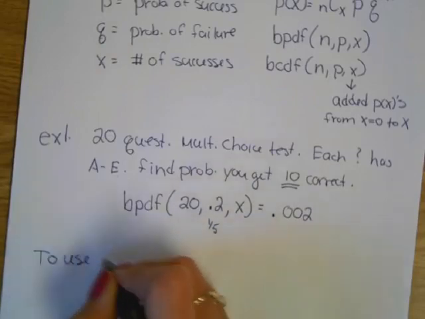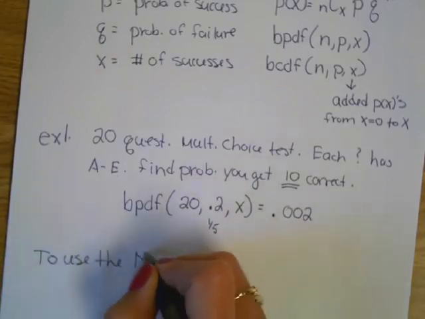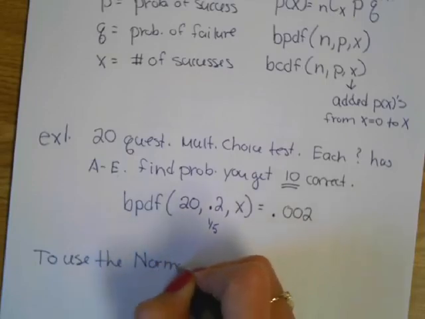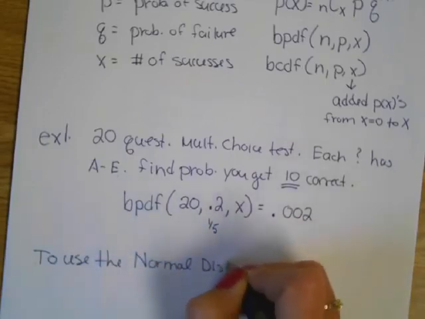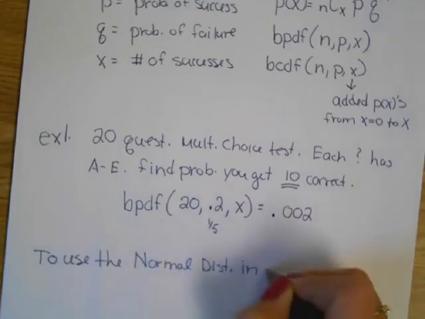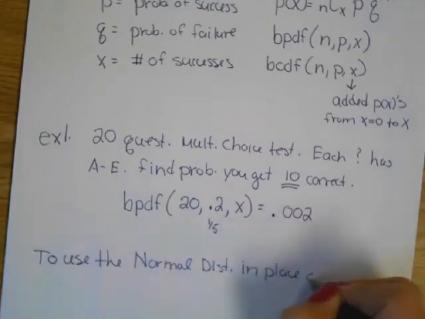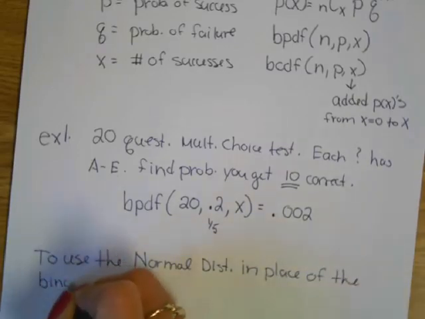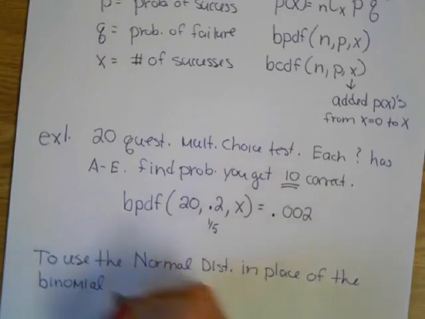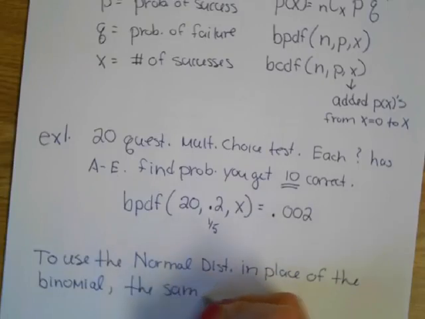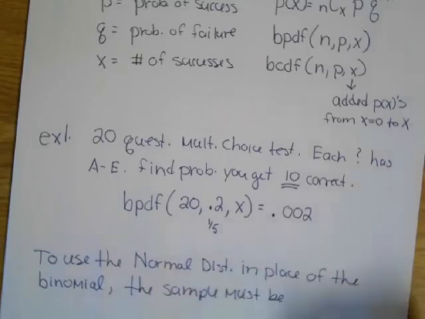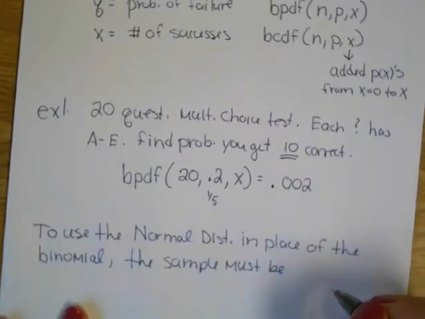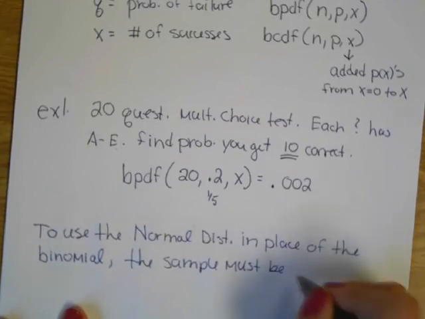To use the normal distribution in place of the binomial, the sample must be big enough.